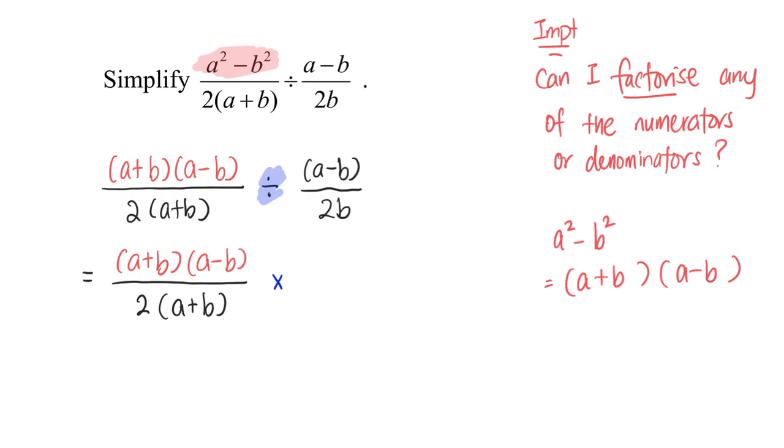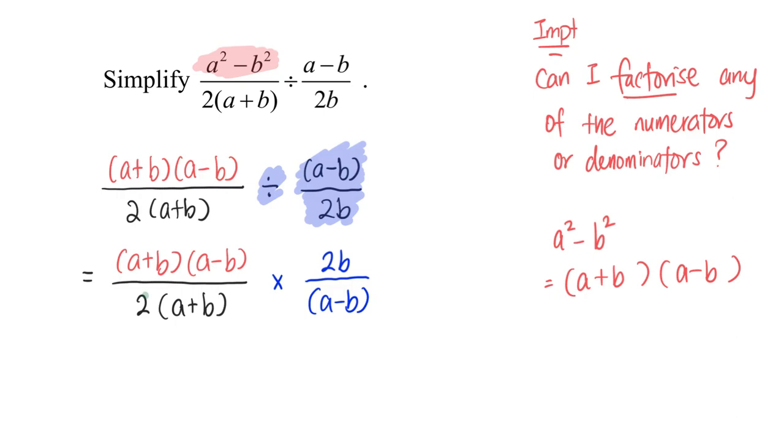When you divide by this fraction, we are essentially multiplying by what we call the reciprocal, meaning that this particular fraction will become 2b over a minus b. And after which, we are going to see if there is any common factors between the numerator and the denominator. Because if there is, we can actually divide them off.